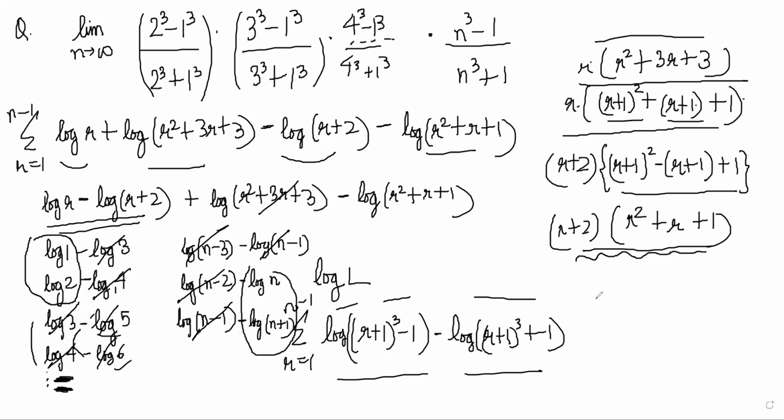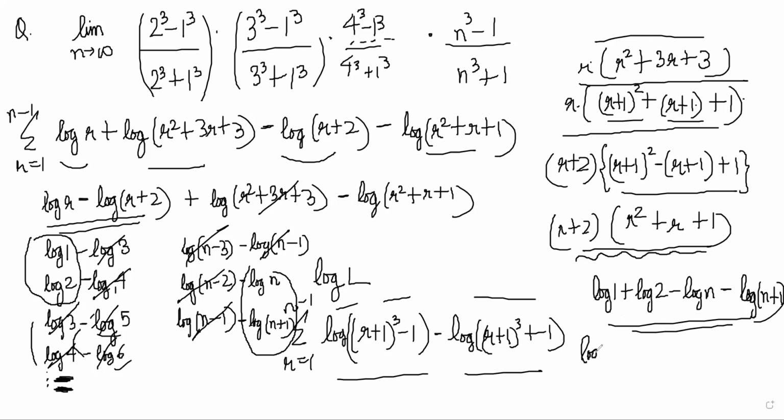So you will get, and eventually after doing the summation, log 1 plus log 2 minus log n minus log n plus 1, right? Okay, that is progress. So you get here log 2 by n into n plus 1, right? Okay.